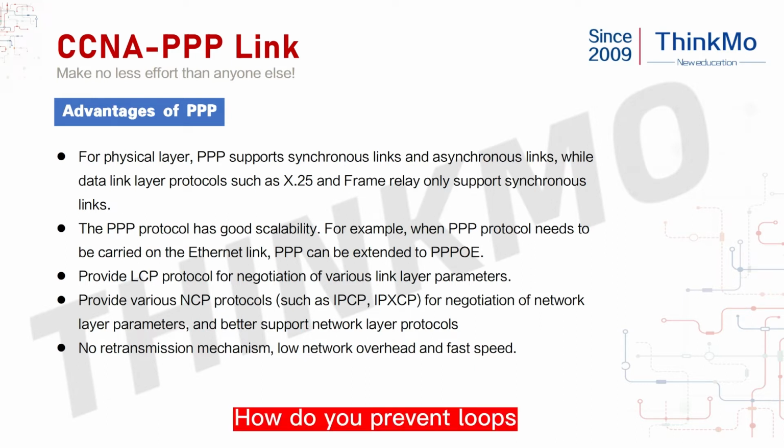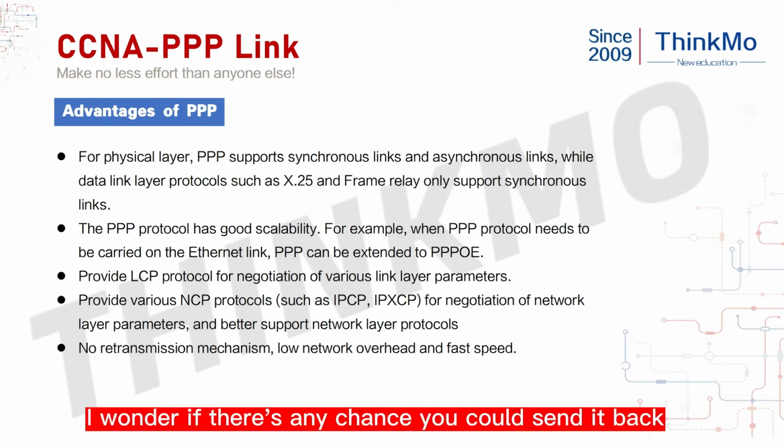How do you prevent loops? On a PPP circuit, point-to-point is the connection between the two ends, with no other equipment in between. Such a circuit can be regarded as a PPP link. In this case, when sending a piece of data, there might be a chance it gets sent back.